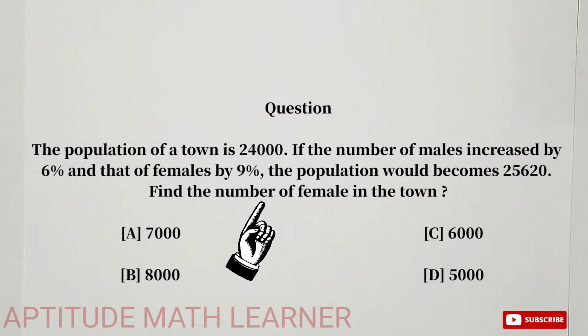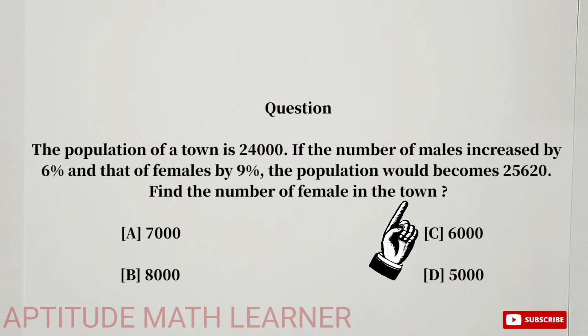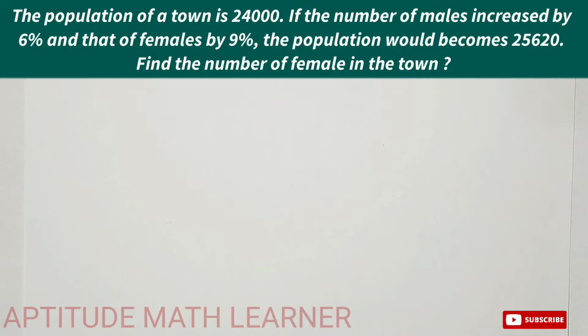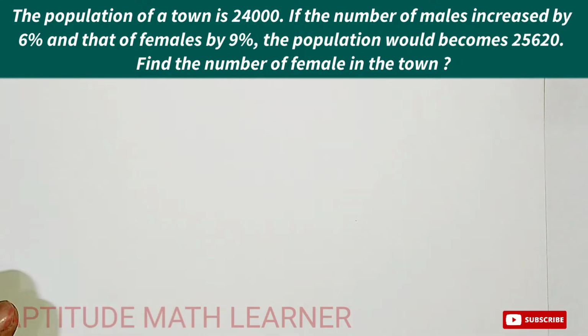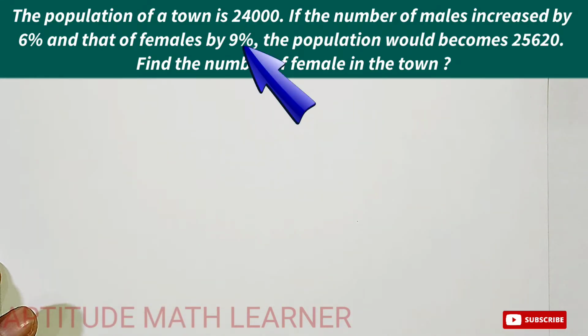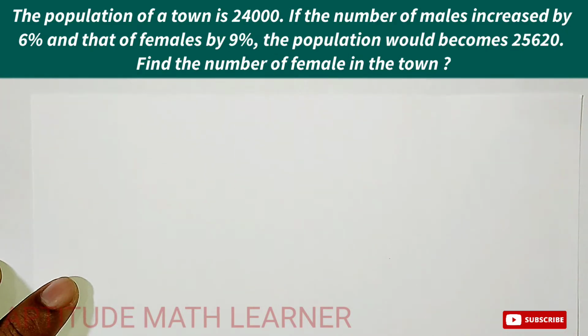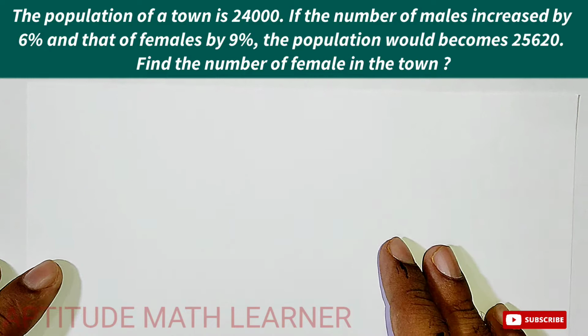Find the number of females in the town. So here we have to find the number of females after the increase. The female population is increased by 9%, so after the increase of 9%, how much is the strength of females?